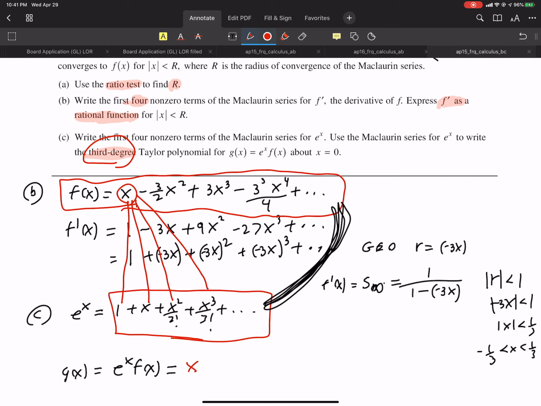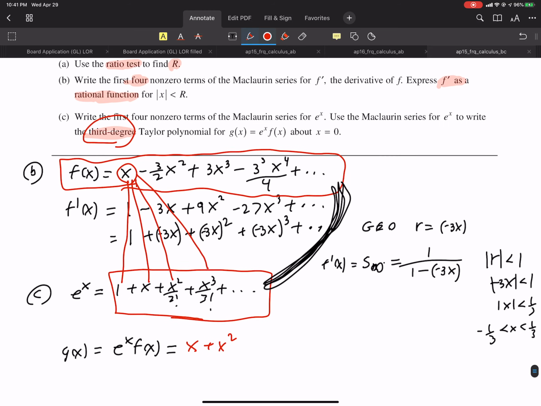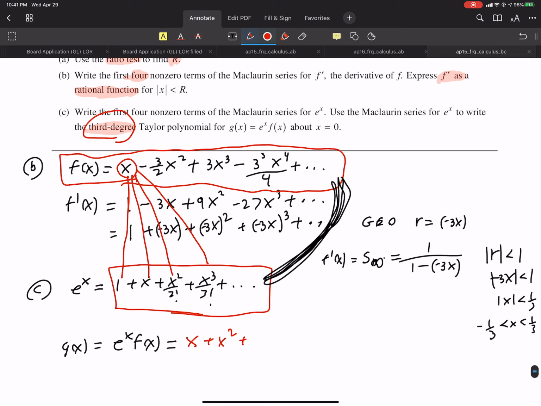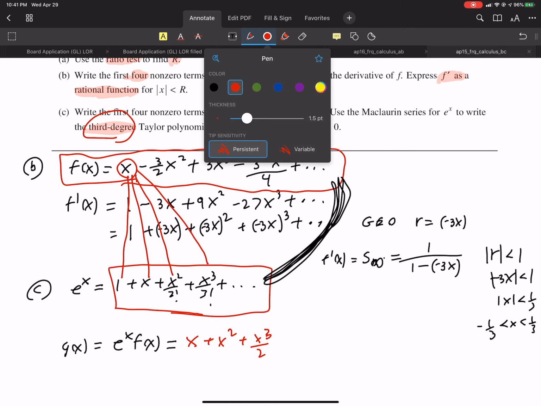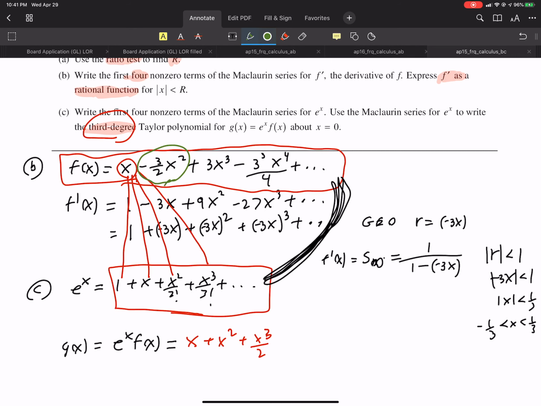x times 1 is x, x squared, and x cubed over 2. Then I'm going to take my next term and distribute, but I'm going to stop at 2 because the third one will give me a fourth power.